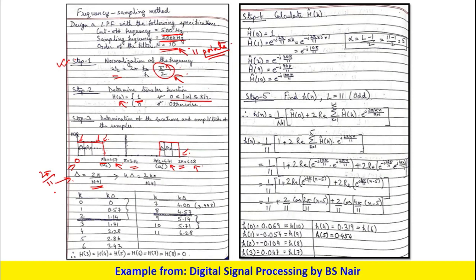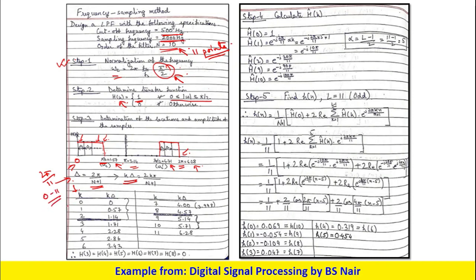And the locations where you want to put the points would become k delta, which is nothing but 2k pi by n plus 1. So you have the k values. We know that the k value will vary from 0 to 11.